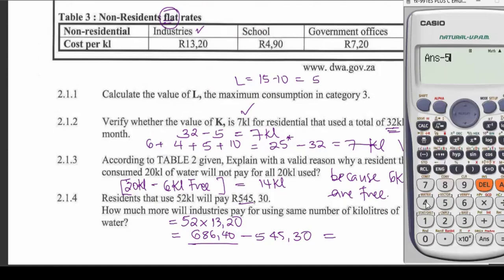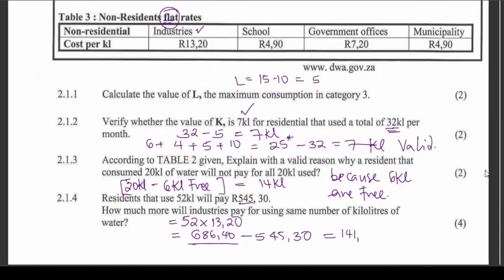The difference is 141 rands 10 cents. That's the money. That is the difference. Let's continue to the other question.